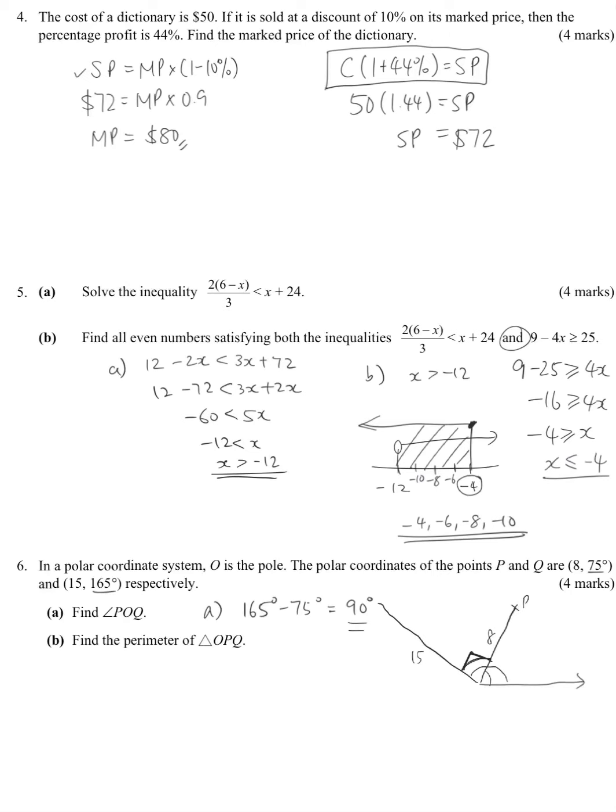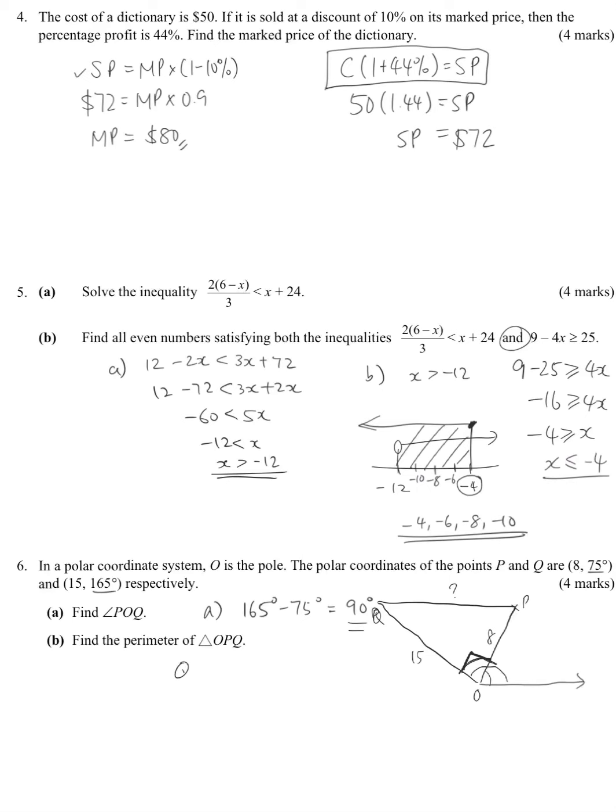Okay, so now this is O, that's P, and that's Q, and they're asking us to find the perimeter of this triangle. That means we need to find this remaining side, and because it's a 90 degree angle, we should be thinking about Pythagoras theorem.